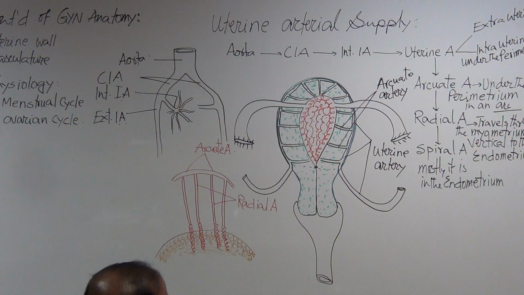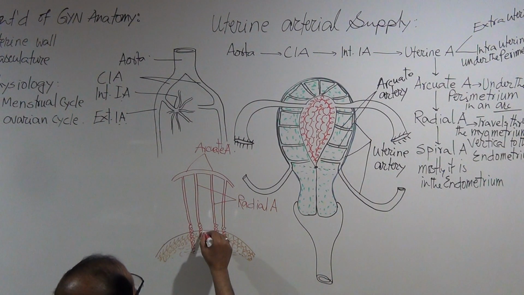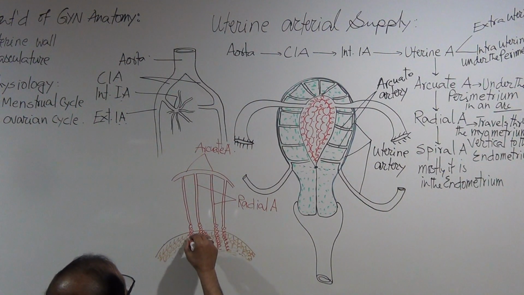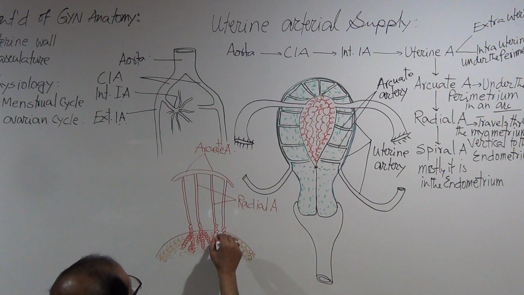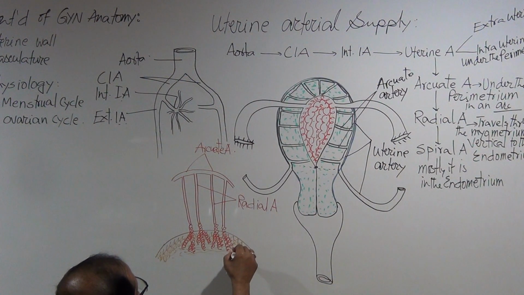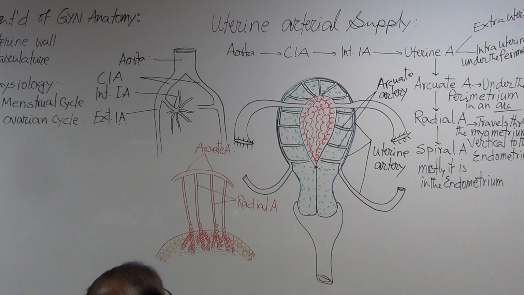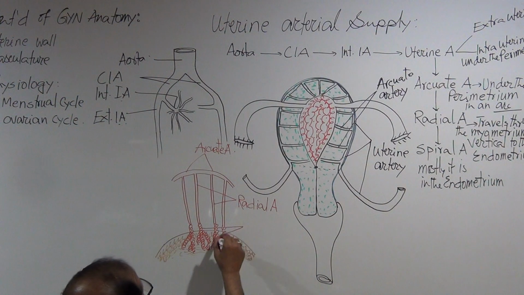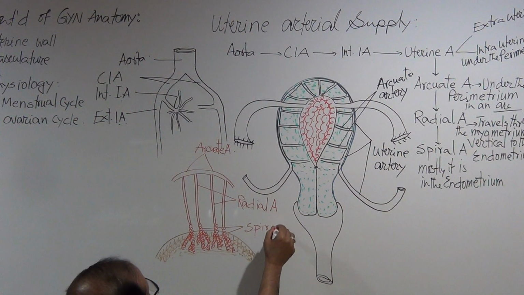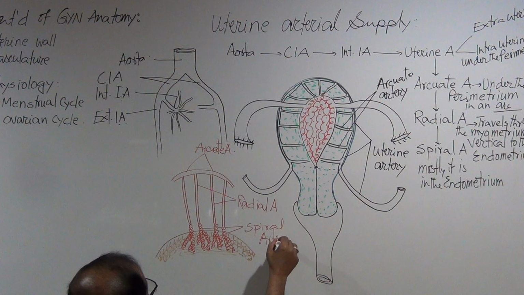Okay, there is a spiral artery, and when there is a proliferation phase, this spiral artery makes branches and it gives more branches. Okay, so now look at here. This is spiral arteriole.